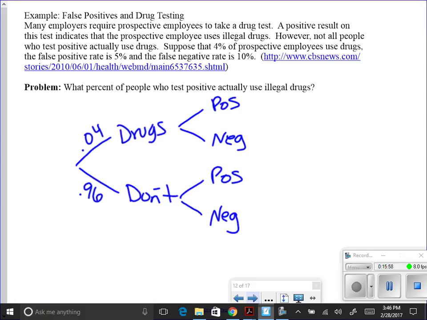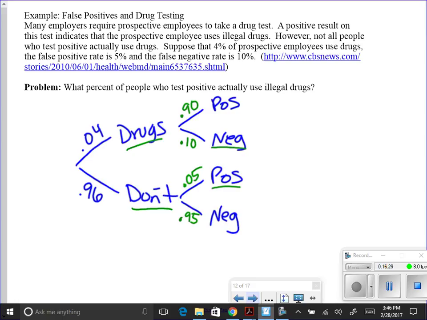So a false positive would be that you don't use drugs, but you end up getting a positive test. So that's 0.05. Therefore, a true negative would be 95% of the time. A false negative means you use drugs, but you end up getting a negative test. That happens 10%. So a true positive happens 90%.